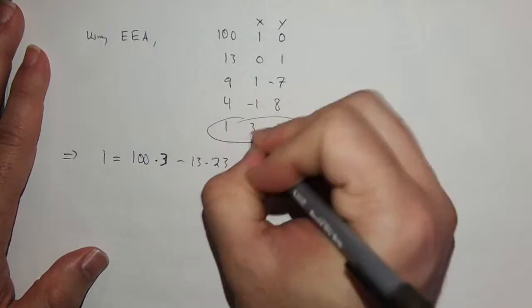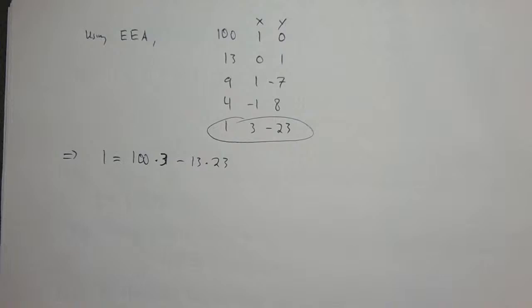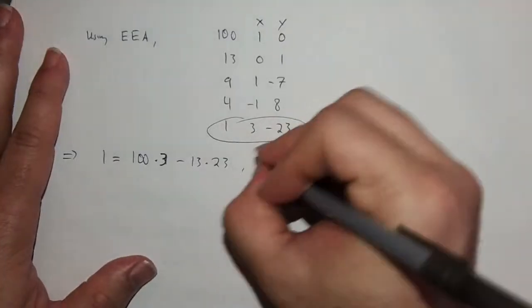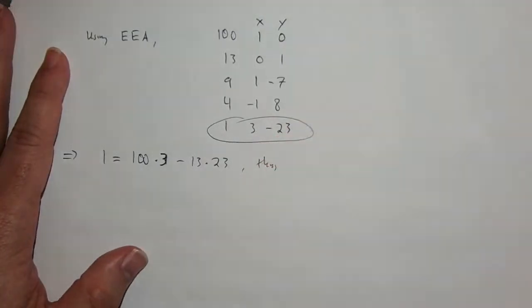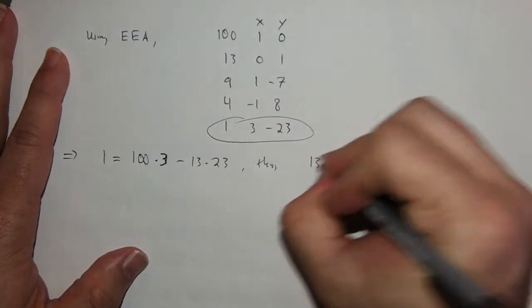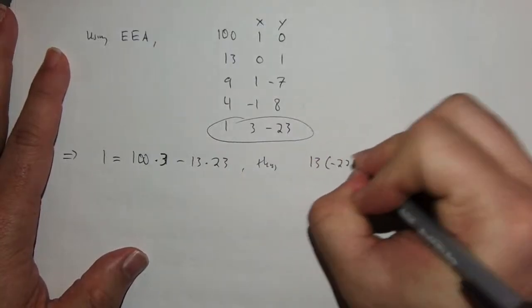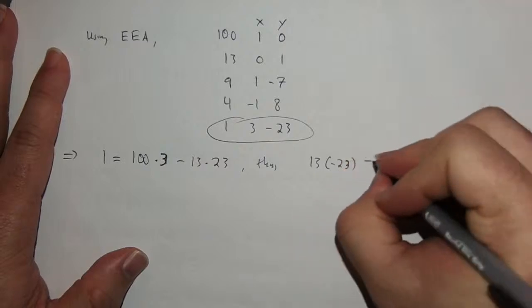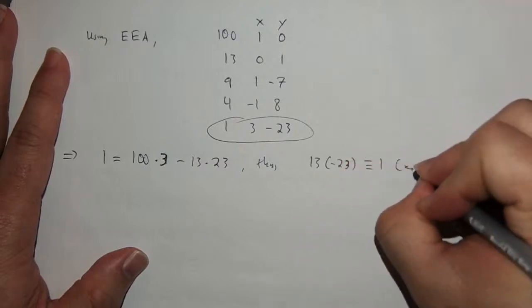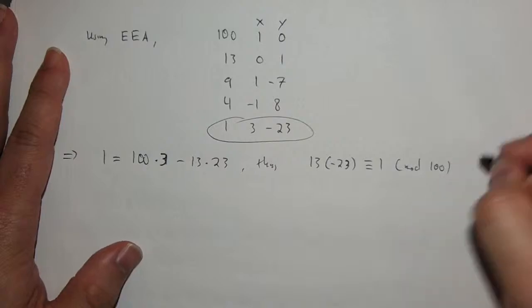Okay, and you can just check that that actually works. Thus, 13 times minus 23 is congruent to 1 mod 100.